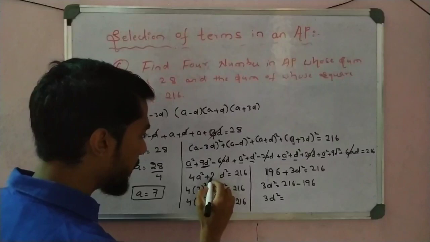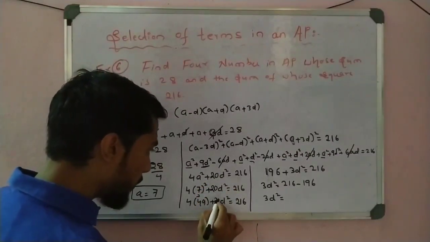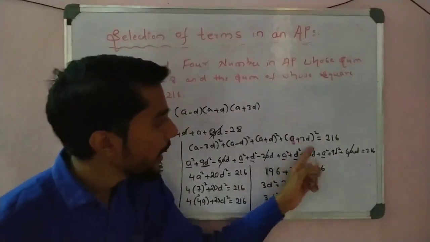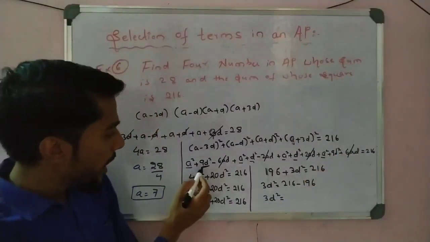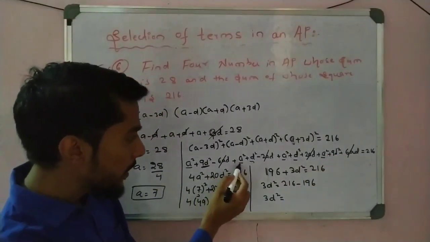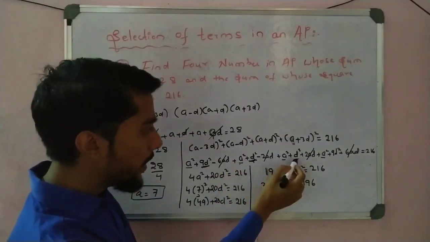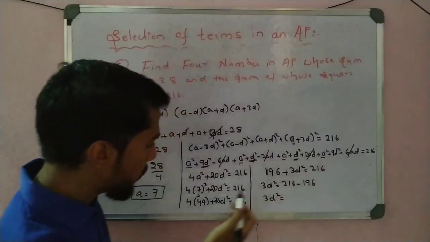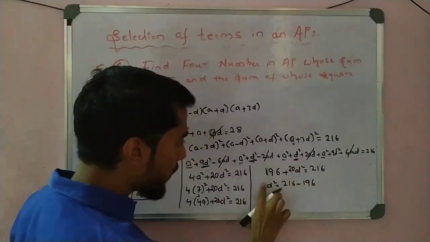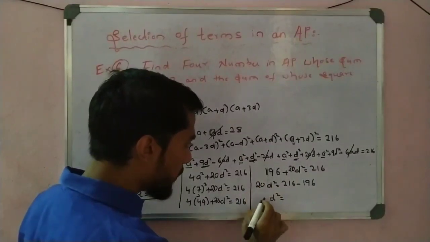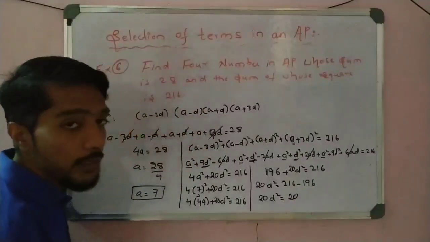So it is actually 20d square, we made a mistake there. So we get 20d square, 216 minus 196, that is 20.